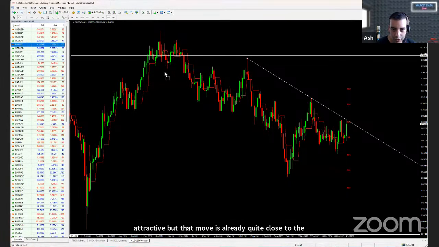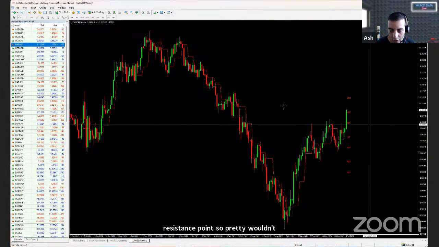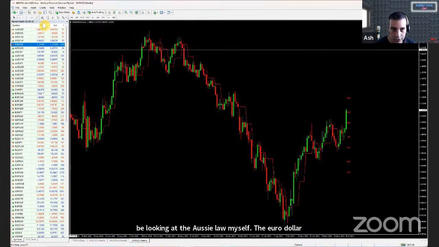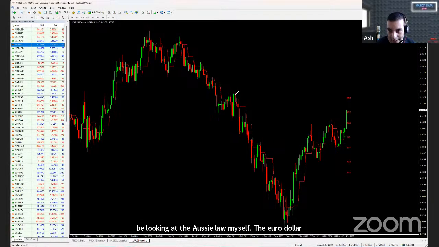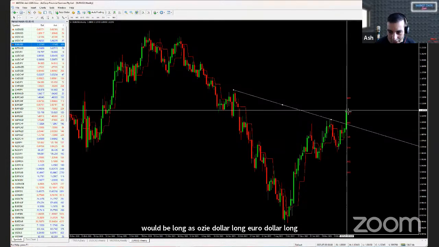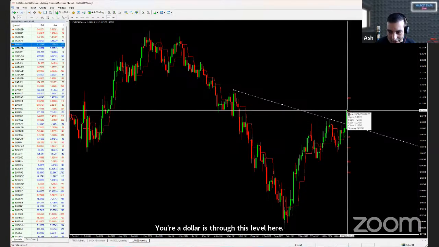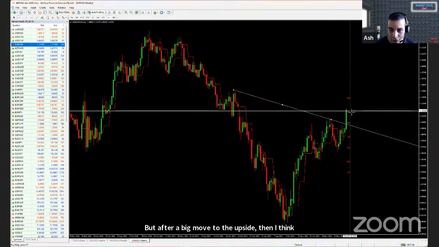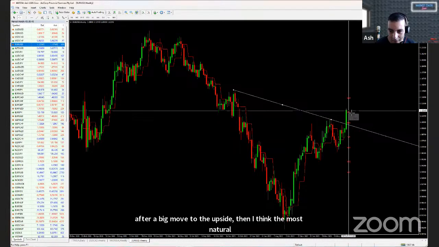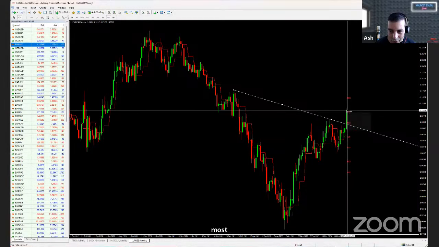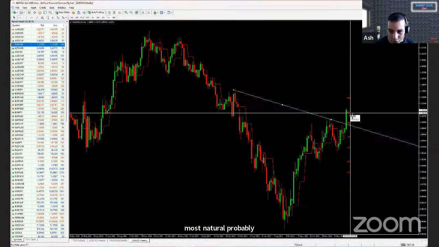So probably wouldn't be looking at the Aussie long myself. The euro dollar would be long, Aussie dollar long, euro dollar long. Euro dollar is through this level here, but after a big move to the upside, I think the most natural next move would probably be down.